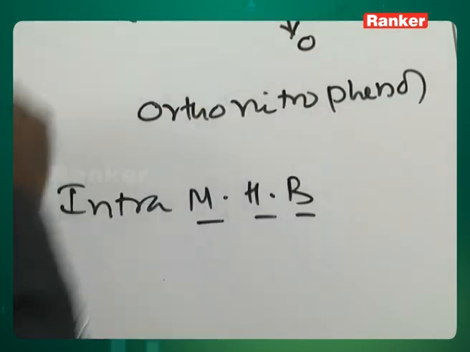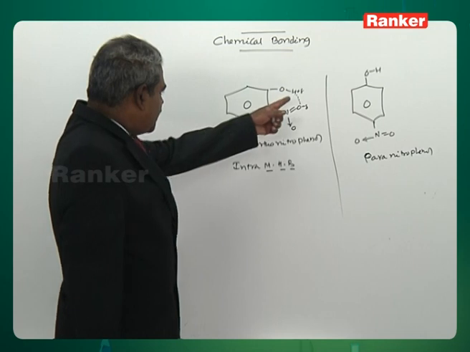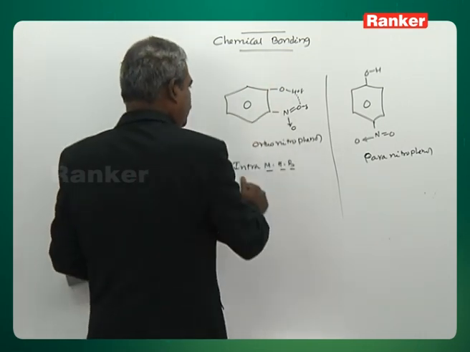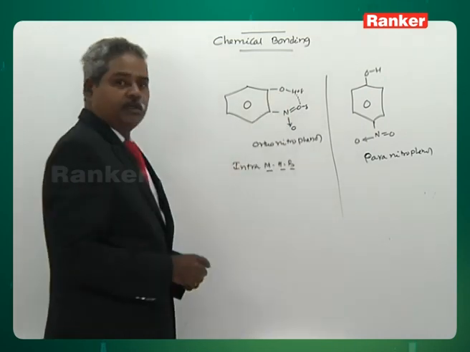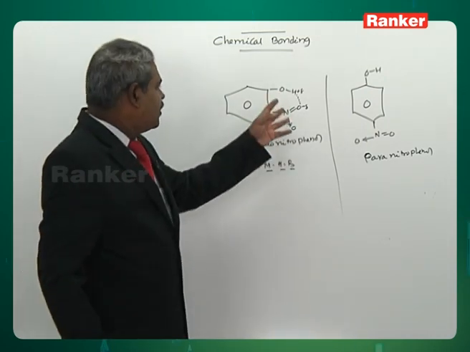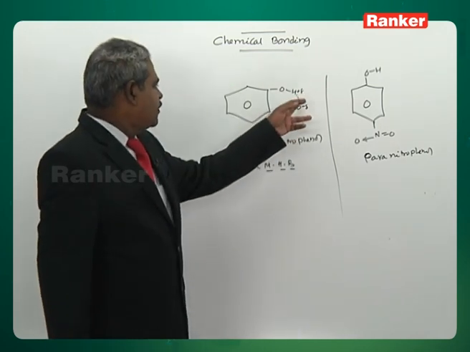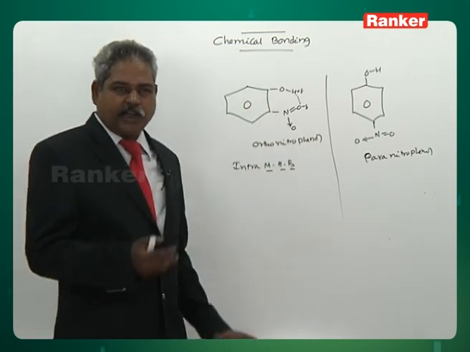Intra, within the same molecule. So, this is nothing special. You have a coordinate covalent bond here, a pi bond here, 3 pi bonds here, so many sigma bonds. So, this is just one other bond among the many bonds, and because of that nothing special happens.